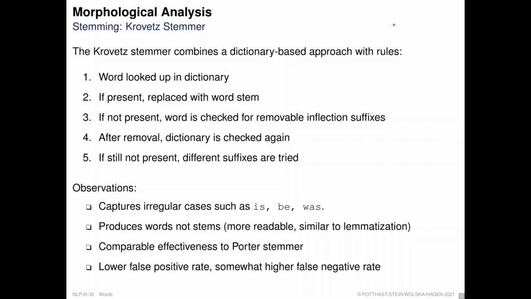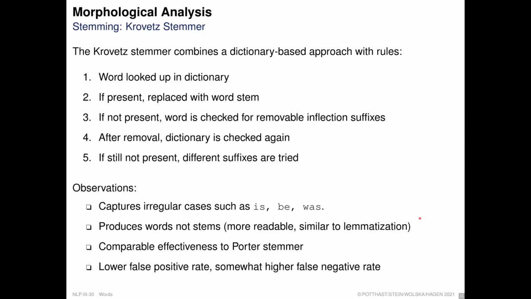So it's a combination of both. It's more robust to capturing irregularities, such as inflection of irregular verbs. And it produces actual words, not these weird stem-like or even non-linguistic stems, because we are checking the resulting base forms with a dictionary. So it will produce linguistically meaningful entities.